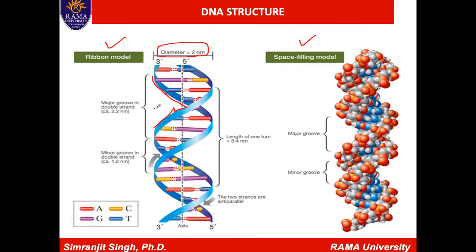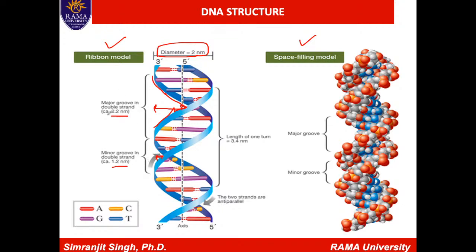So it's quite deep and thick, and its size is around 2.2 nanometer. Whereas the minor groove has a size of around 1.2 nanometer, which is quite thin and not so deep.